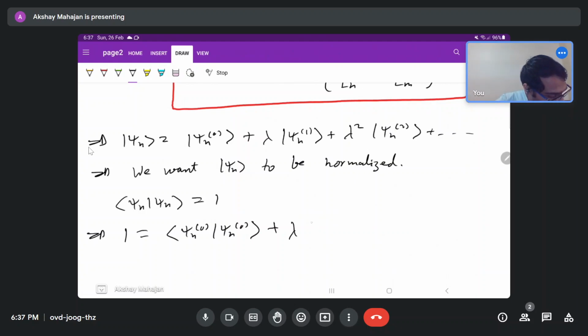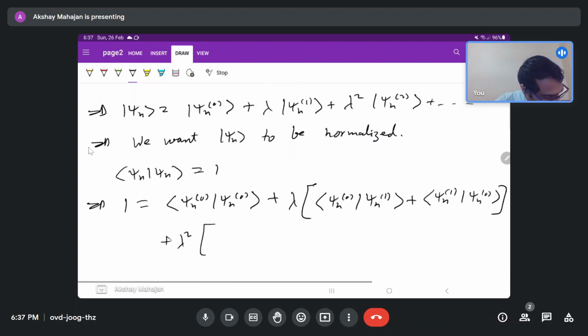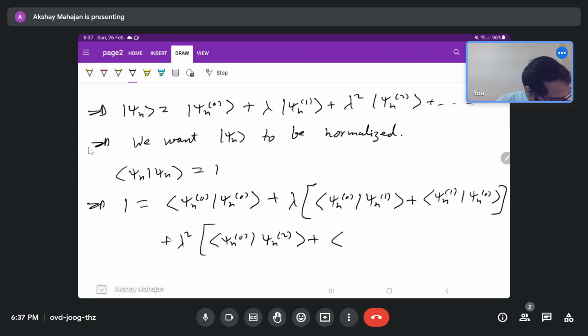For the lambda to the power 1 term we get psi n0 psi n1 and psi n1 psi n0. Then for the lambda square terms we get psi n0 psi n2, plus psi n1 psi n1, plus psi n2 psi n0 term.